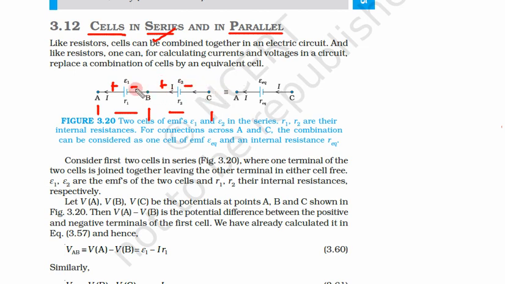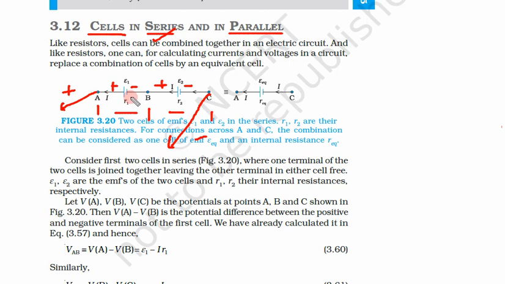So the negative of the first cell is connected to the positive of the second cell, hence we get these two wires out, one coming from positive and another from negative. So in series we have connected these two cells.